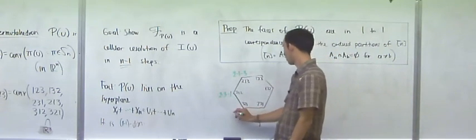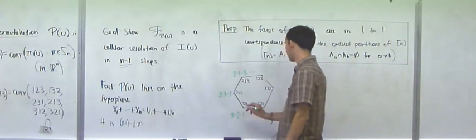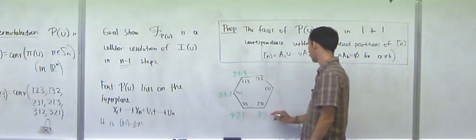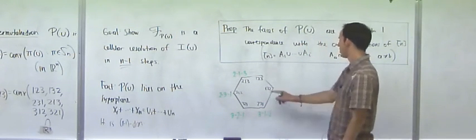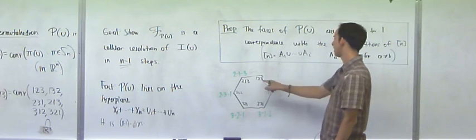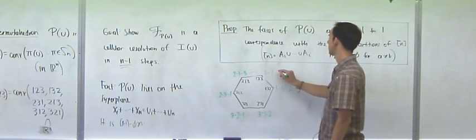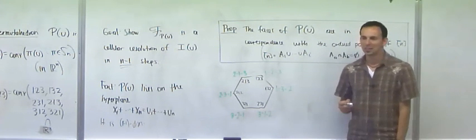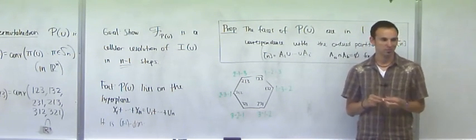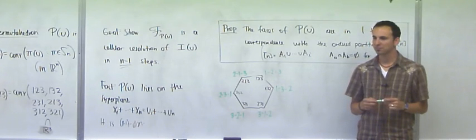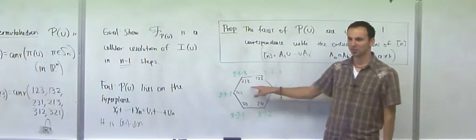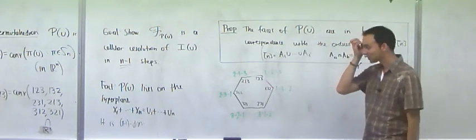So 1 is in the third position, 2 is in the second, 3 is in the first. 1 is in the third position, 2 is in the first, 3 is in the second. 1 is in the first position, 2 is in the third, 3 is in the second, and 1-2-3. And these are going to be the labels of the vertices. If you think about it, what I'm writing here is just the inverse permutation of the one that I have on the vertex.